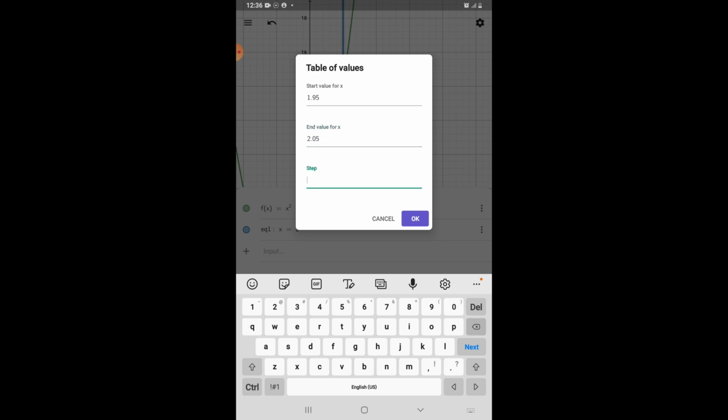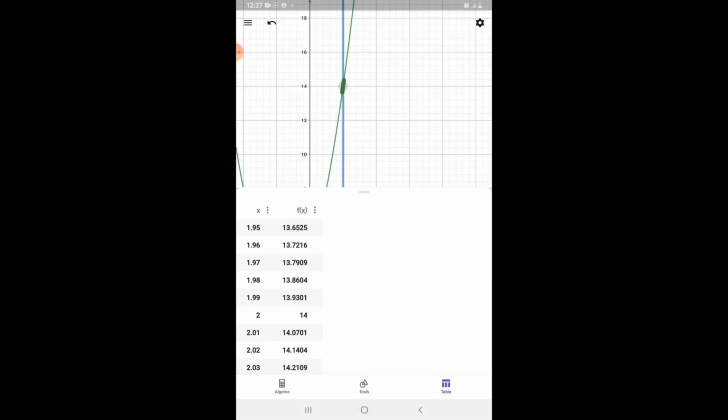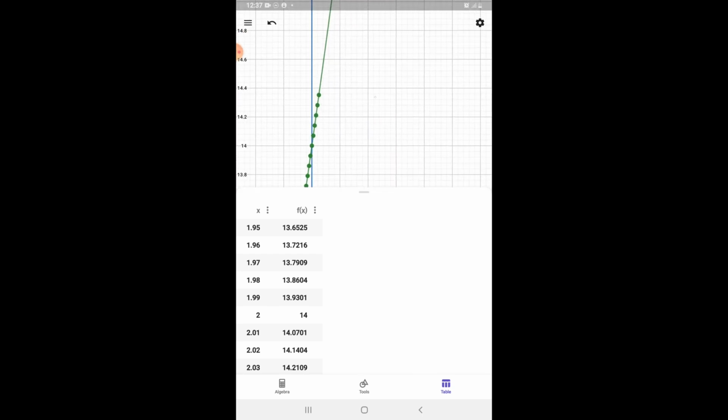In order for you to see the small difference, my step is that it increments at 0.01. So you can see the value of the limit behaving upon a point a. Okay? So halos magkakalapit lang sila.